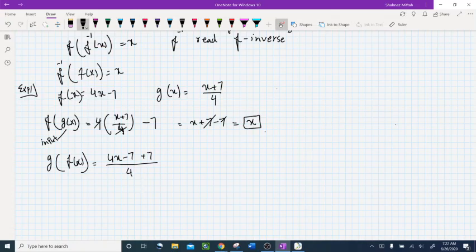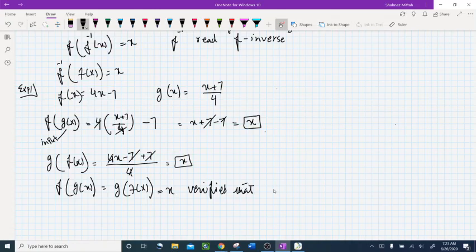The 4s cancel out, so I'm left with x again. So yes, that's true. This verifies that f of g of x is equal to g of f of x, and both equal x, which verifies that f and g are inverse functions. And that's what you do when you are verifying.